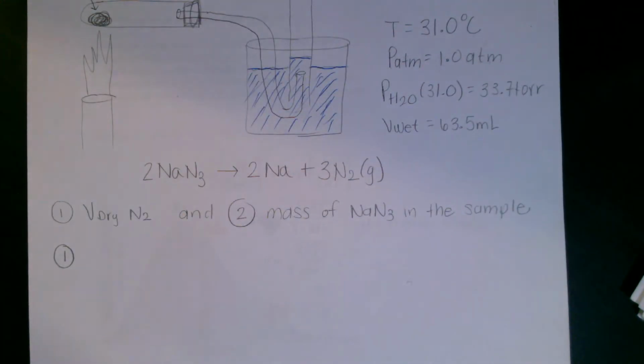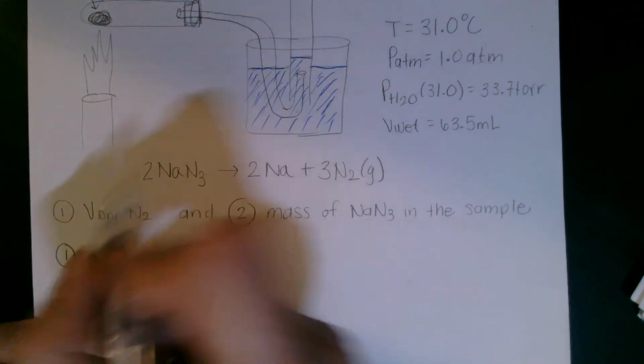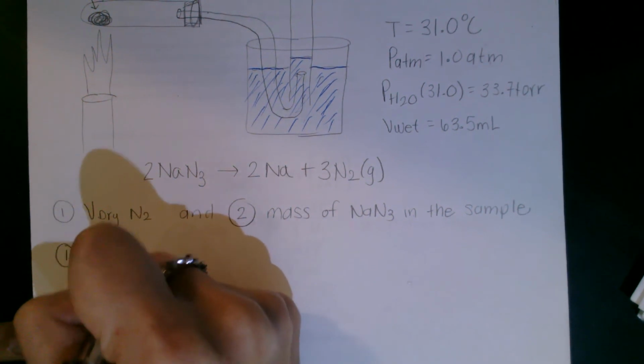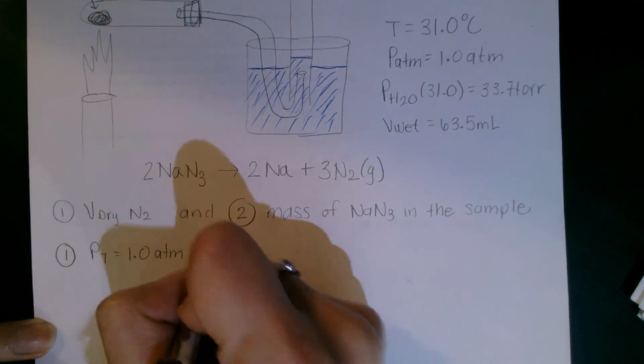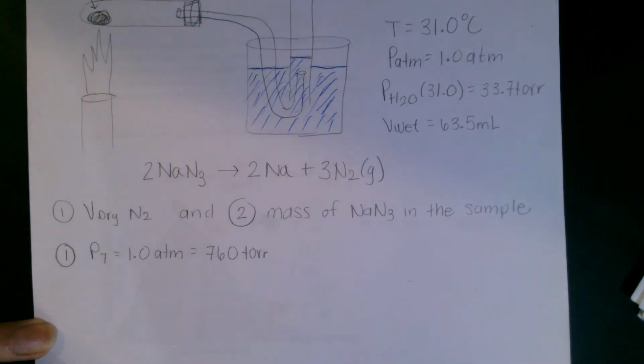Okay, so let's go ahead and start with that. So we want to look at some pressure. We have our total pressure. So pressure total equals 1 atmosphere, which we also know is 760 torr.